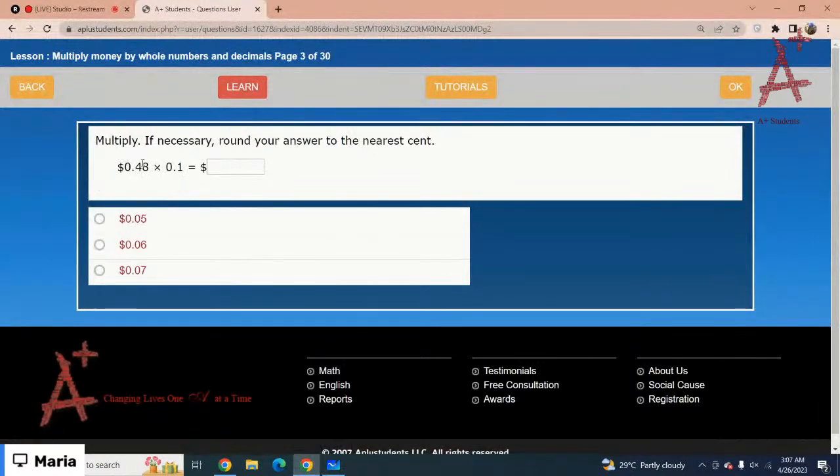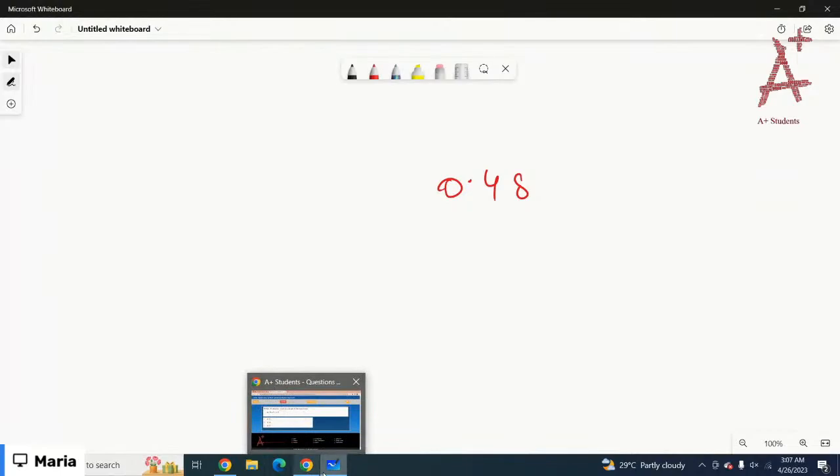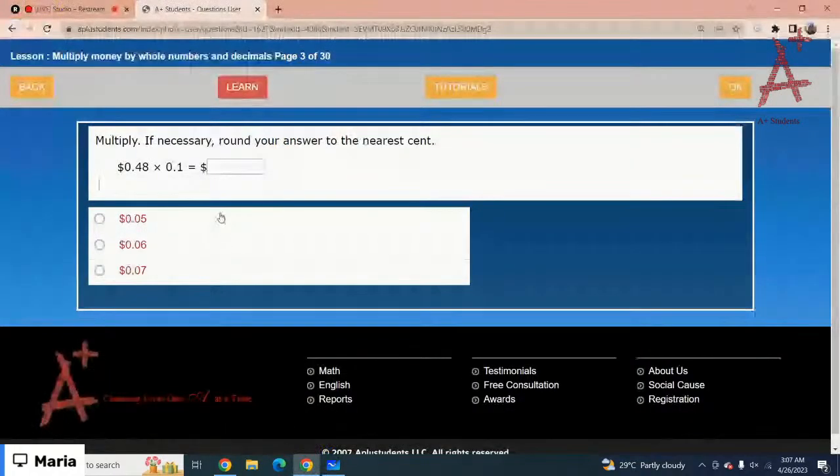Got it? You have two decimal points, so you have to move decimal point two places left. So it would be then 0.48. But you have to round off the answer to the nearest cent. It would then be rounded off to 0.05. So option number 1 is the correct option.